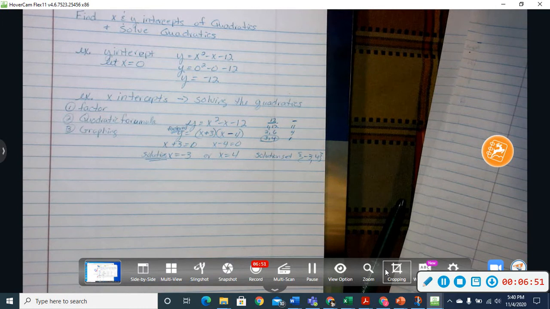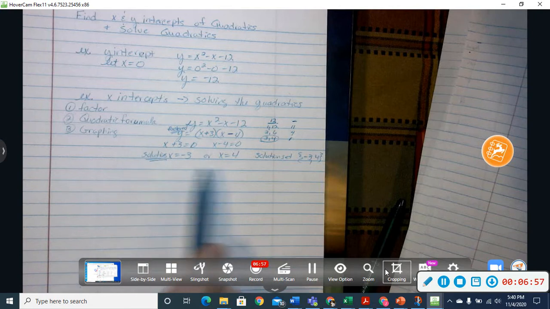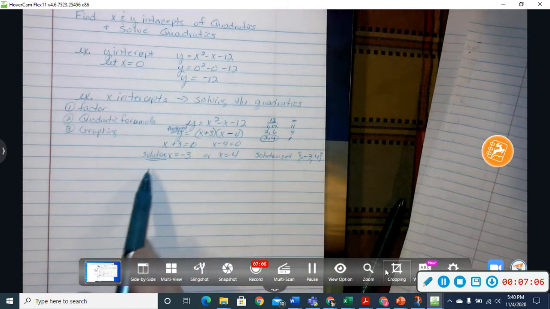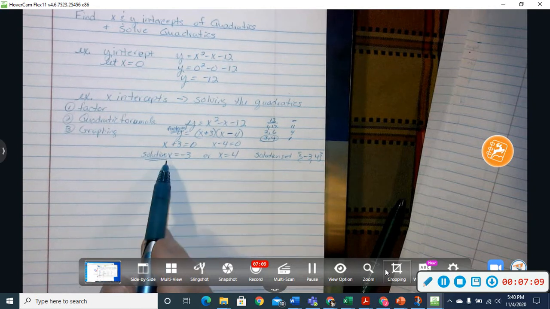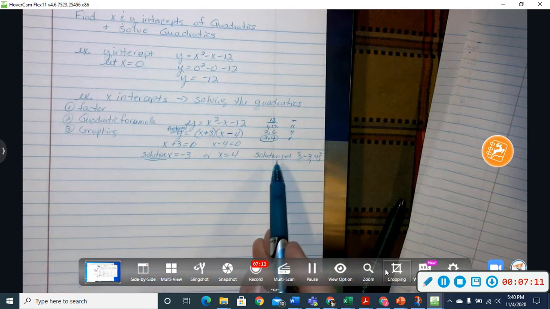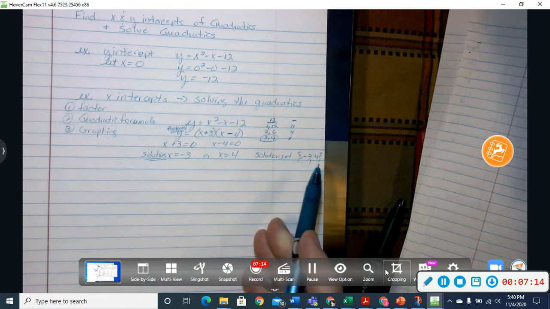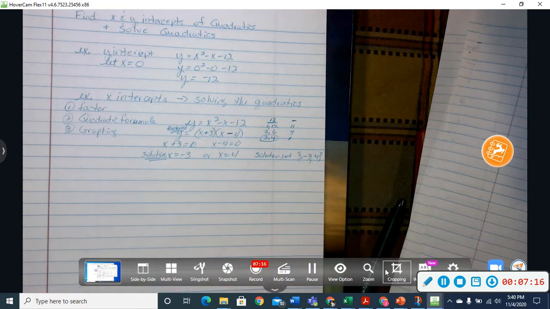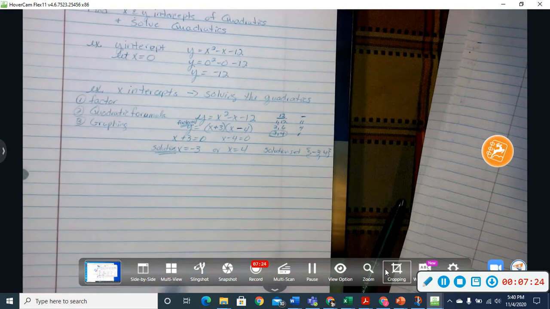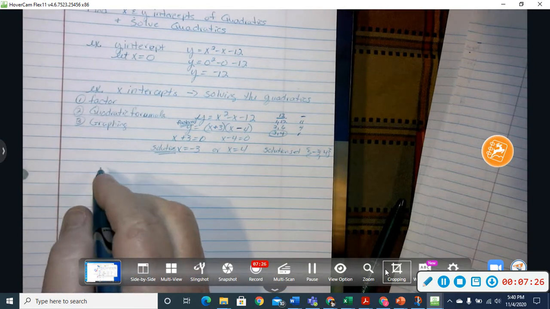A question you might encounter will depend on how the question is worded. Is it asking for it in factored form? Is it asking for it as a solution, x equals something? Or is it asking for the solution set? Do you write it as a set? So that's all important in terms of how you interpret that answer. Now let's look at another sample problem.